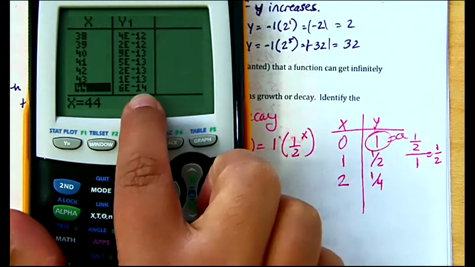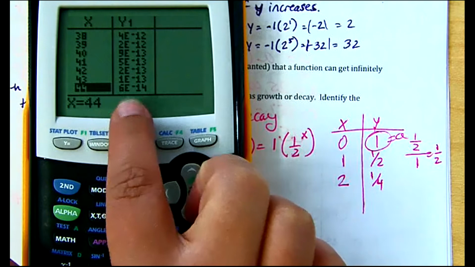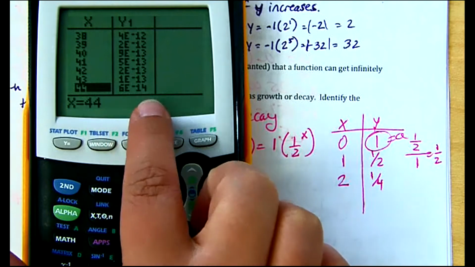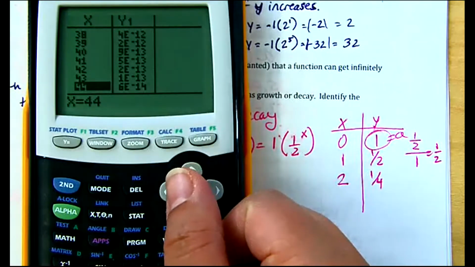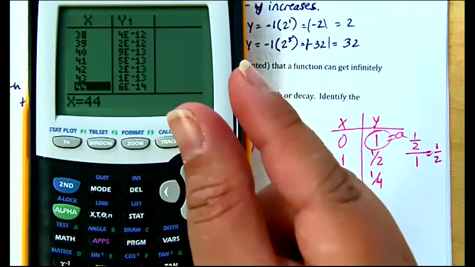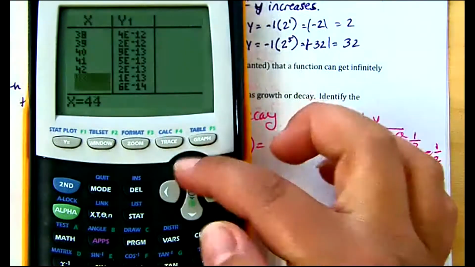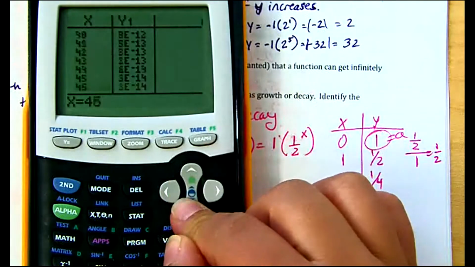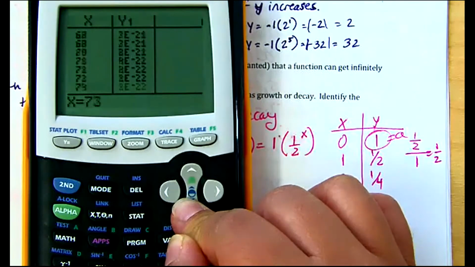That is going to be 0.000000000000000000006. Very itty bitty. So it's getting closer and closer to zero, but it's never actually going to be zero.